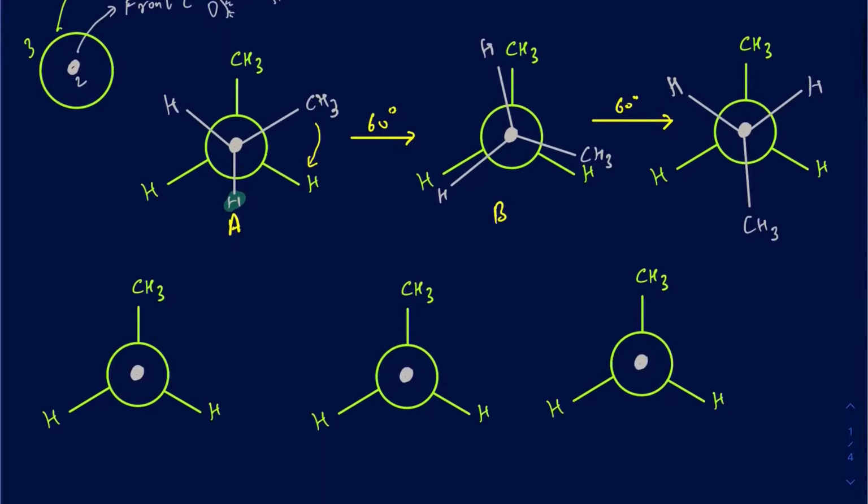So I'm going to do the same thing. I'm going to rotate it again by 60 degrees, and I'll go back to each one of those explaining which ones are gauche, which ones are eclipsed, and whatnot. So let's do another 60 degrees rotation. When you do another 60 degrees rotation, what happens? Your CH3 now comes right here.